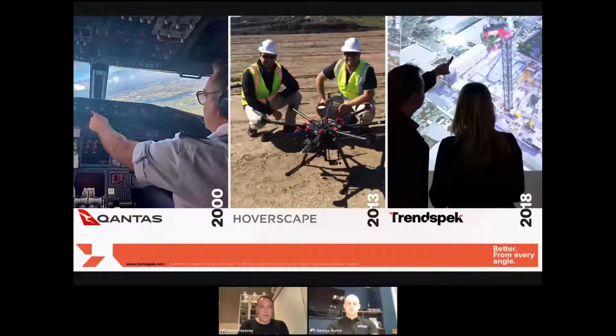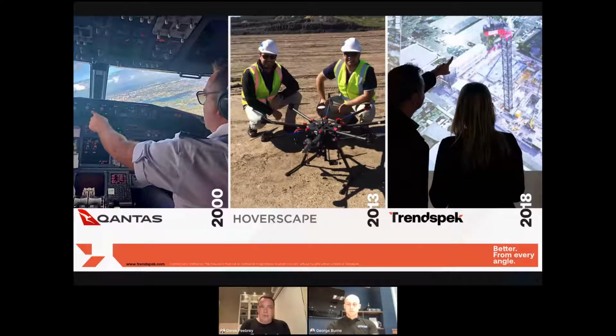But what we learned over that time was while we were solving one challenge by reducing the need for people to climb facades, towers, and tanks, we were introducing a new problem, which was generating hundreds and thousands of photos, which you'd end up handing over on a USB.